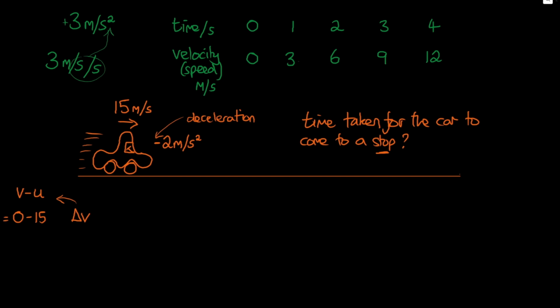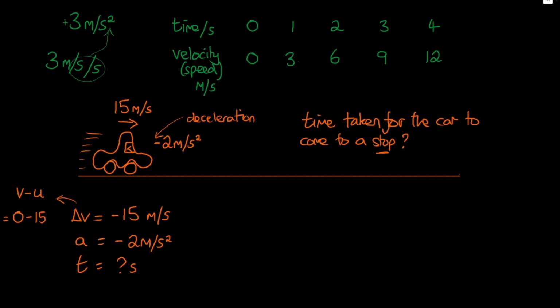So our delta v is minus 15 meters per second. We're losing speed, and the change is minus 15 meters per second because we're decelerating. The acceleration is negative because we're decelerating, so we're going minus 2 meters per second every second. So we're getting slower. And we want to know what time is.